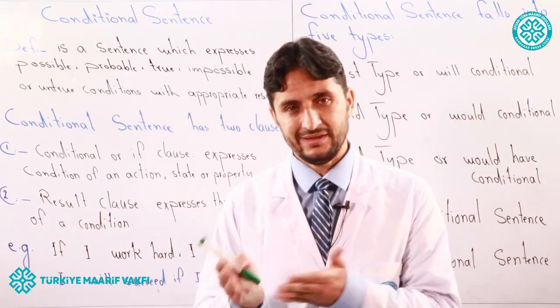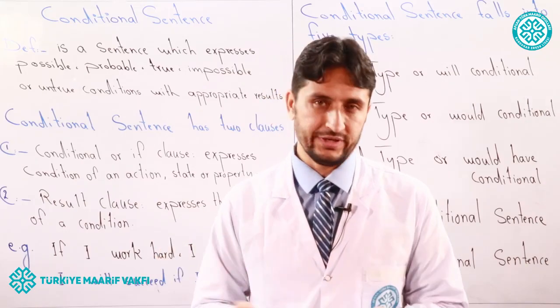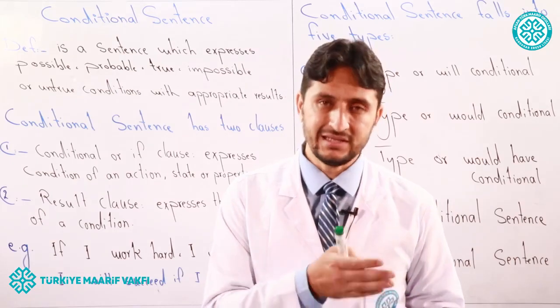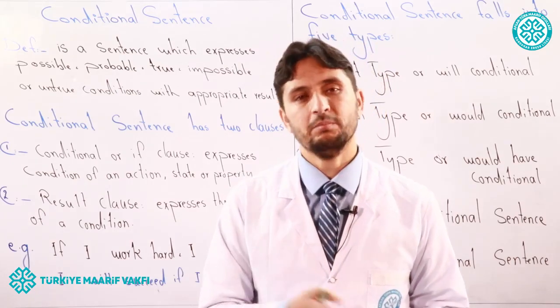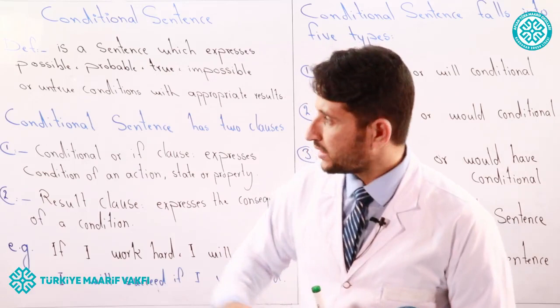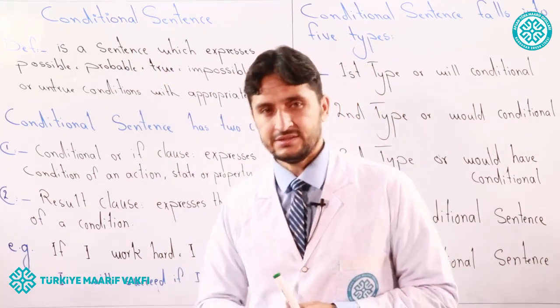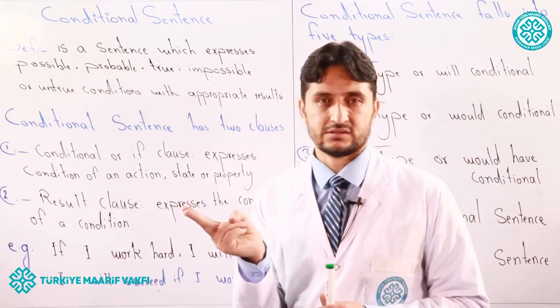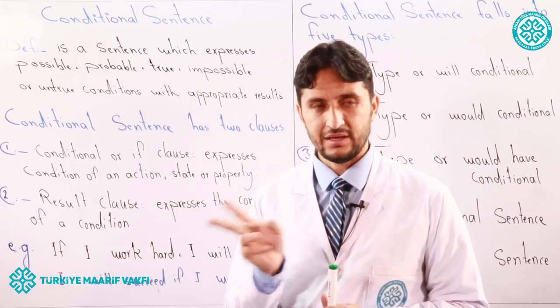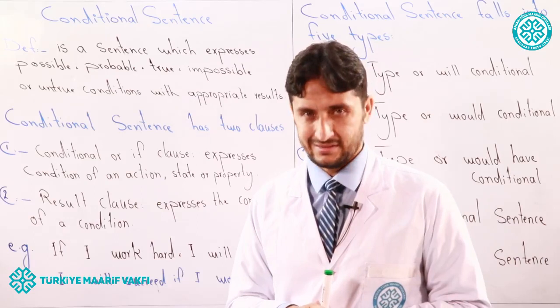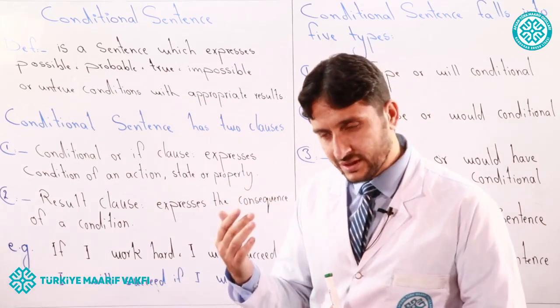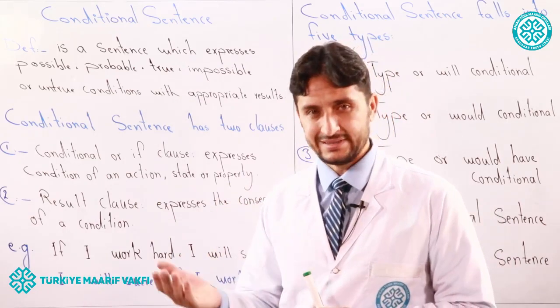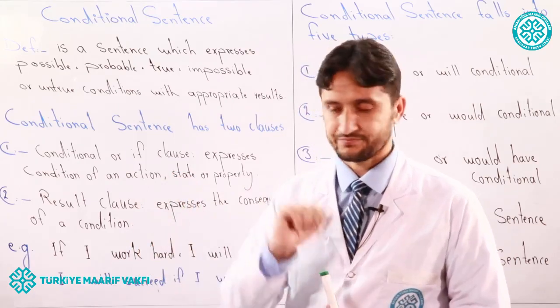One is dependent or subordinate. The second type is independent or main clause. So now our conditional sentence has 2 clauses, main and dependent. So we will talk about these topics later, step by step.